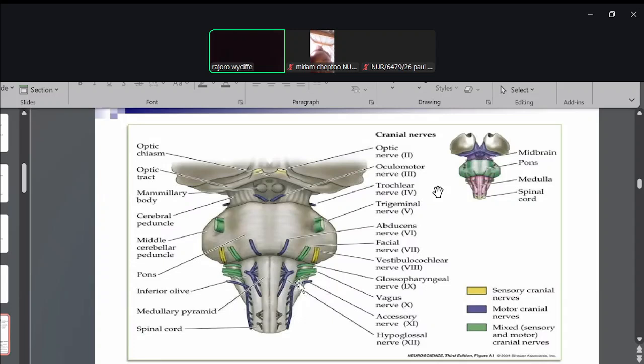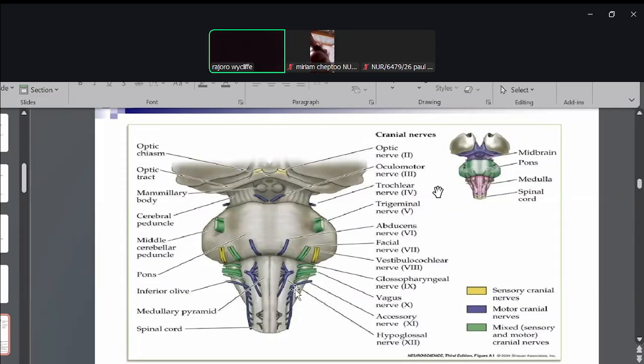You have 12 cranial nerves that originate from this brainstem. Some of them originate from the medulla oblongata. For example, here we have the vagus nerve, the accessory nerve, and the hypoglossal nerve.